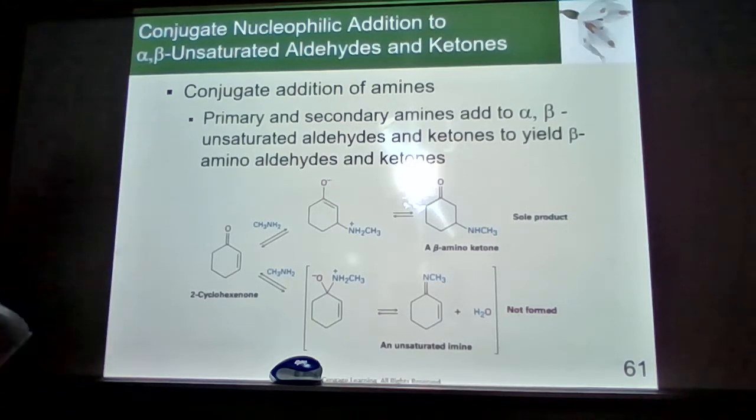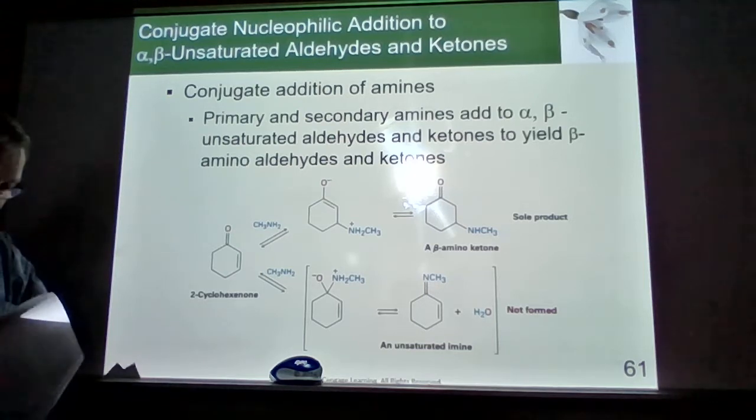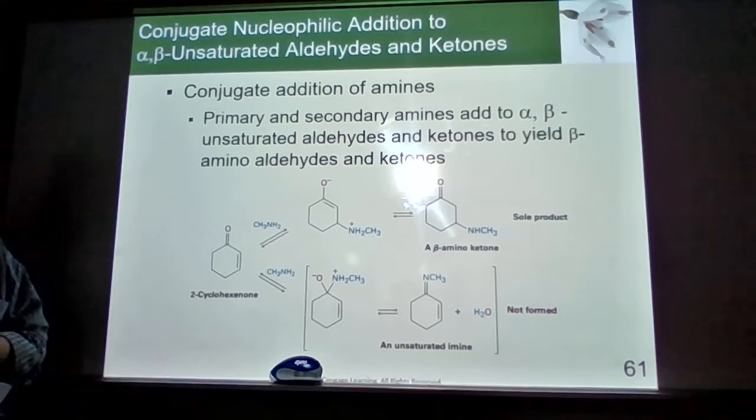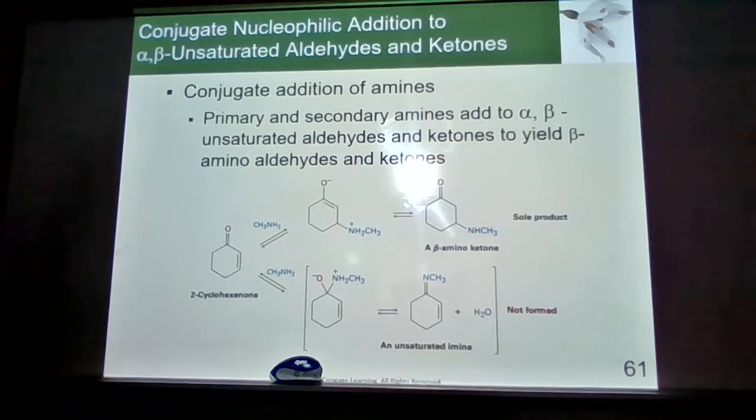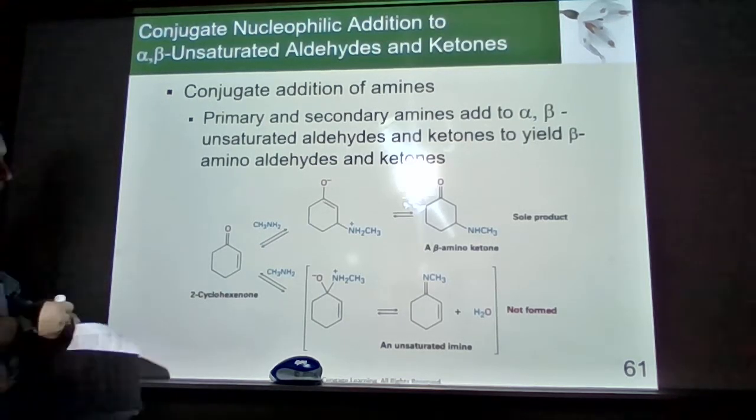You can use any number of nucleophiles to undergo either 1,2 direct addition or 1,4 conjugate addition. You could use amines as the nucleophile.